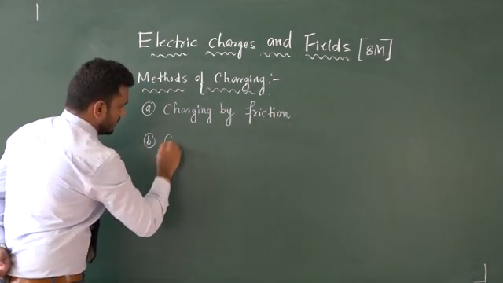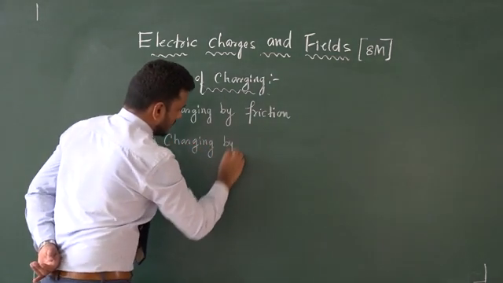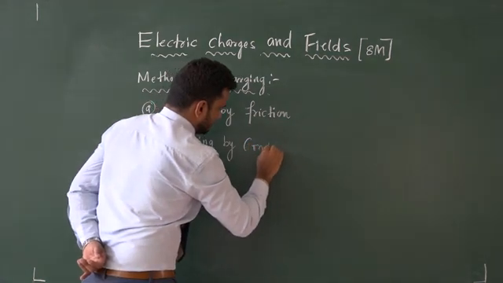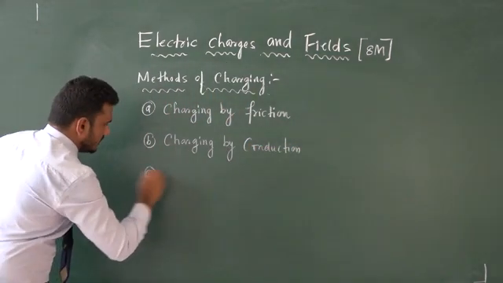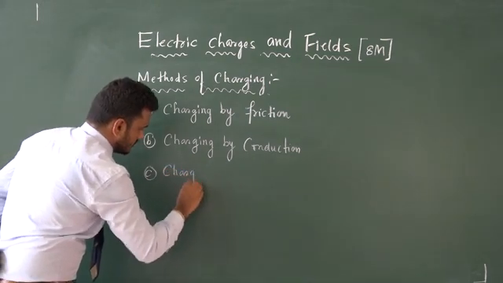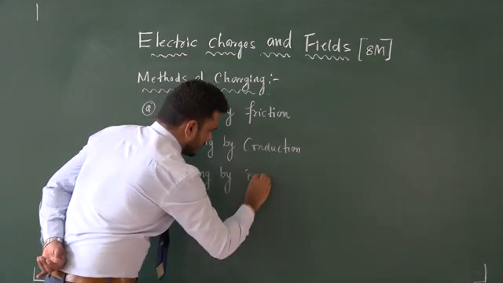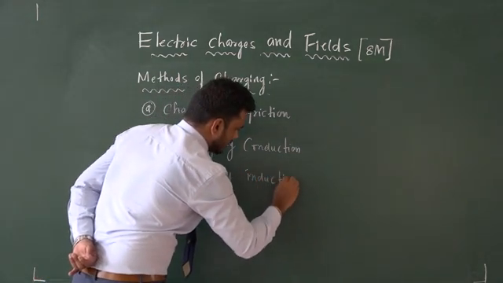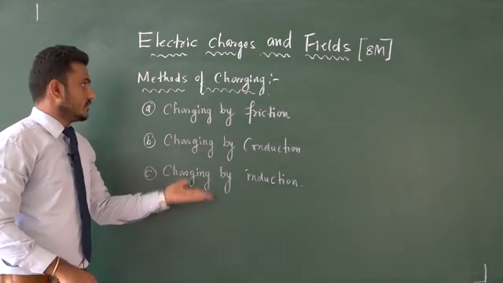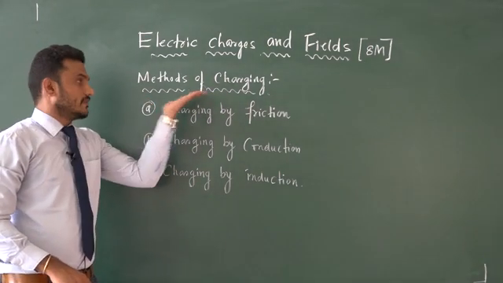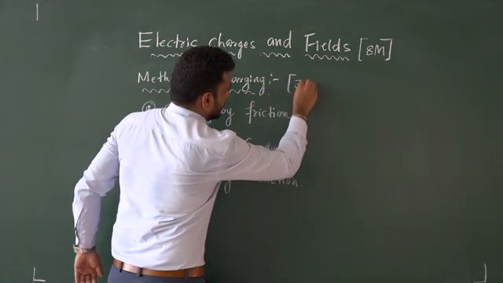The second one, charging by conduction. The third one, charging by induction. So these are the 3 methods we use to charge a body, methods of charging. This is important for 3 marks.